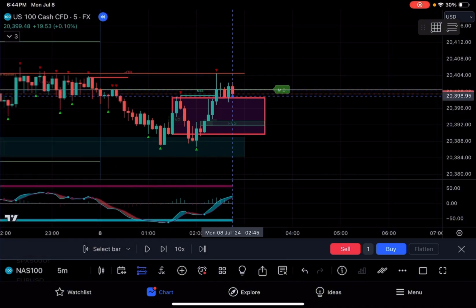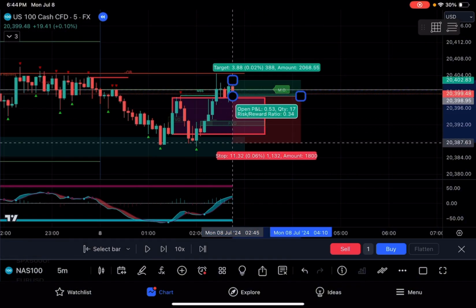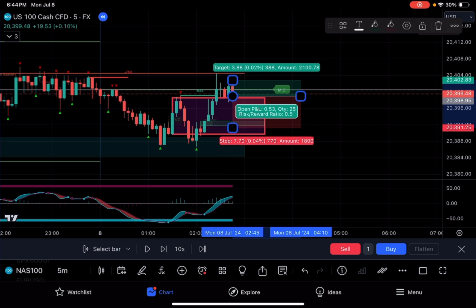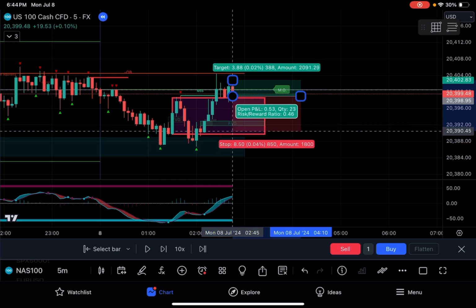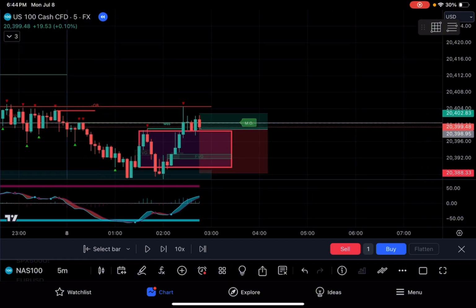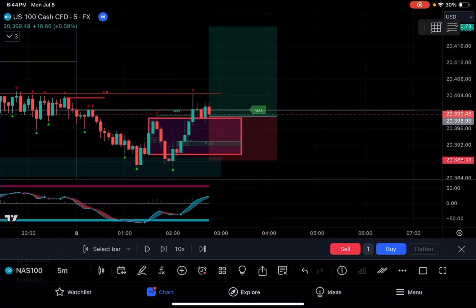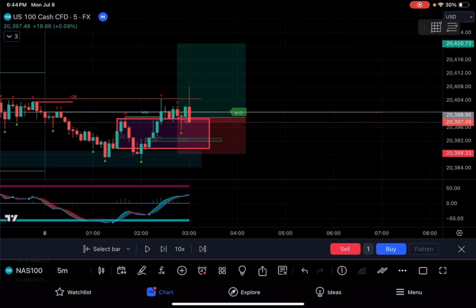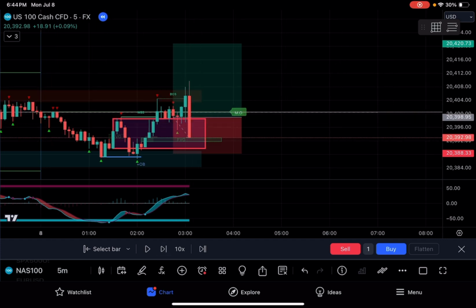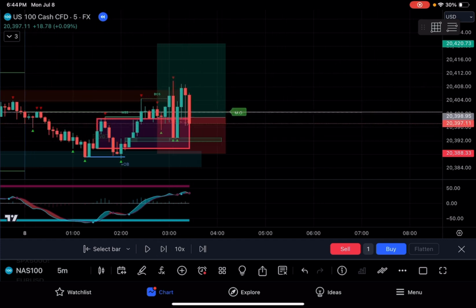So put it along here. Your stop loss would be about down here on your swing low, or here on your fair value gap. So let's put it up here. So now I'll just take 1:2 and let it play. So there, take that.